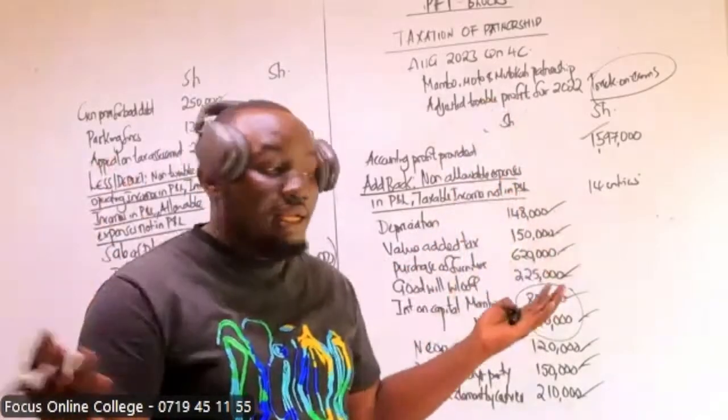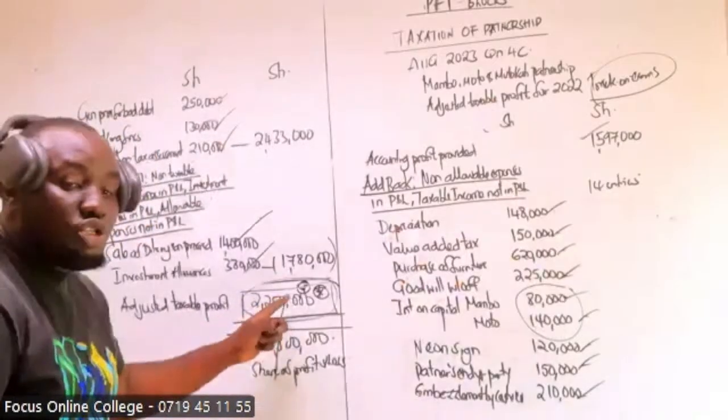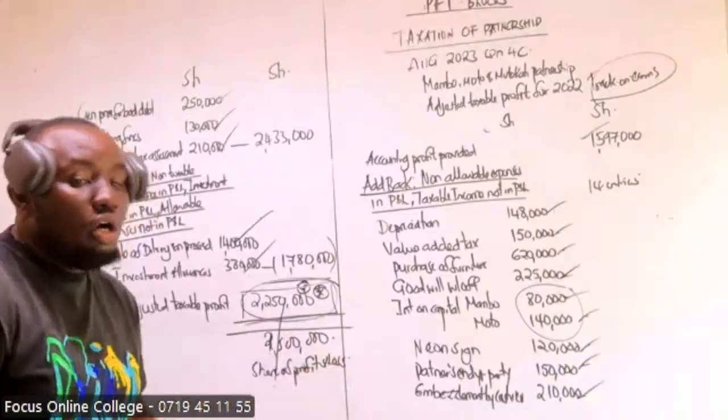If there's no withholding, I'll have all my marks. But for a partnership, if this one is not correct, be assured that the only thing you're going to miss in the second part is the share of profit or loss, because this one now has to be correct.